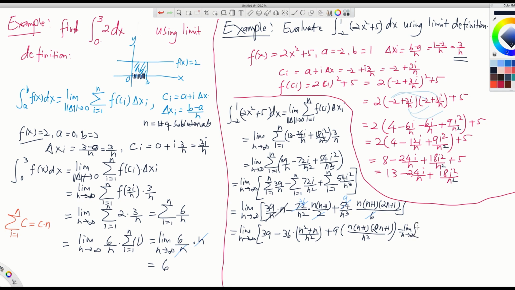There is 39 minus 36 times n square over n square plus n over n square, right? Did you see that? And then plus 9 times, if you divide that, one of the n will cancel out. So what is left is n square, right?